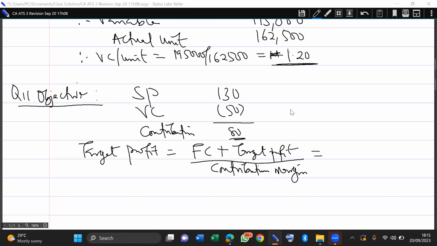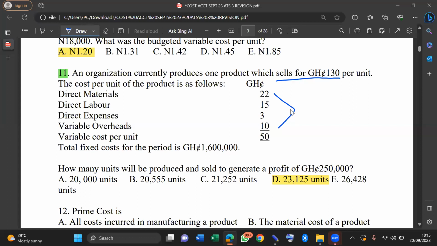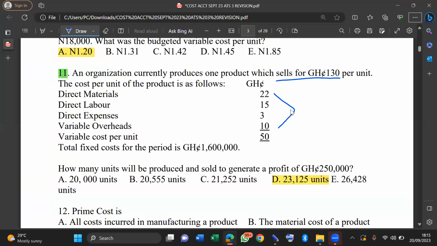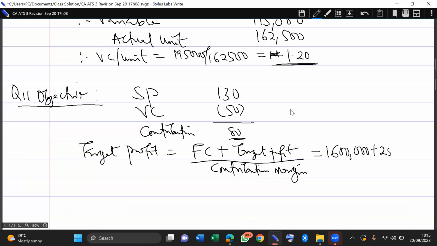What's our fixed cost? Fixed cost is 1,600. Add your target profit, 250, divided by your contribution margin, 80.